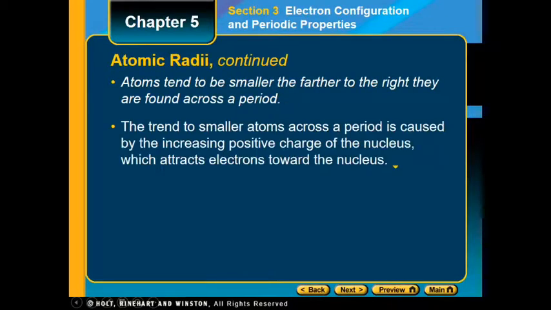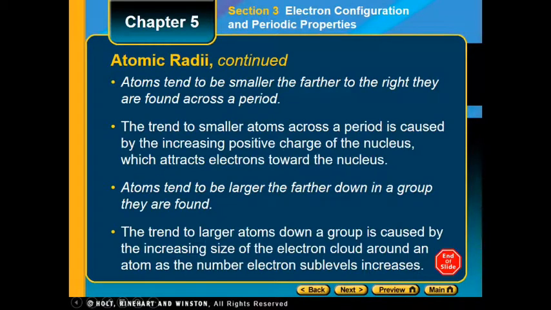And the trends for atomic radius, again, it does go into a lot of detail about why they trend the way that they do, but we're going to look at the actual trends themselves. So it gets smaller across the period, smaller, that would be decreasing. And as you move down a group, they get larger, so that is increasing. So I want you to go back in your chart right now that we started off with.